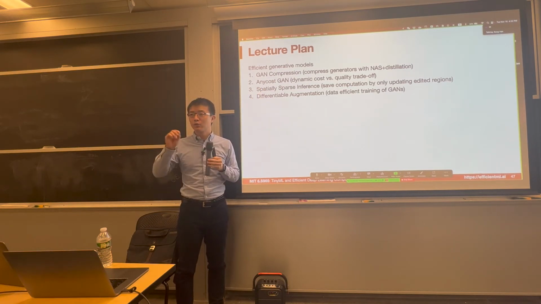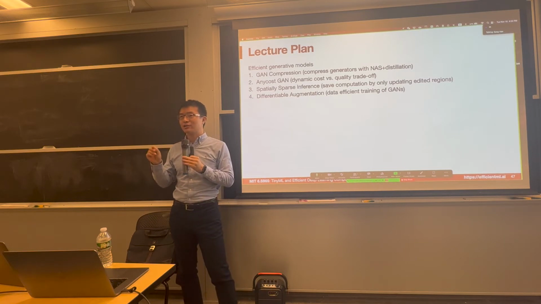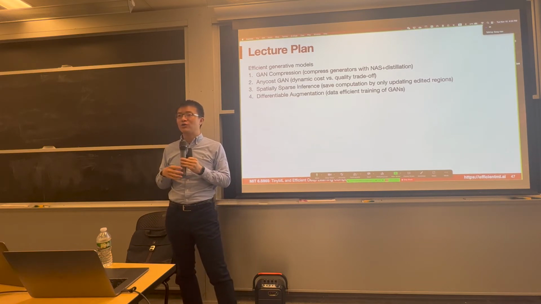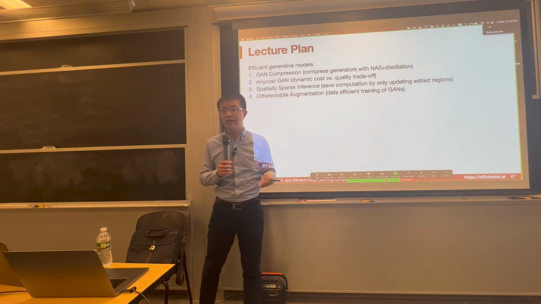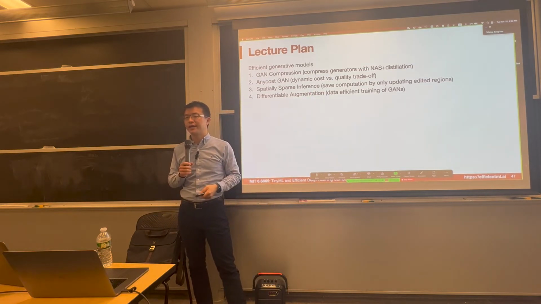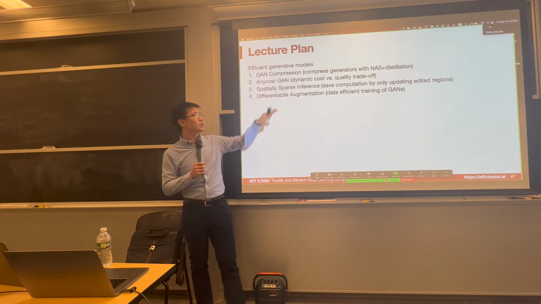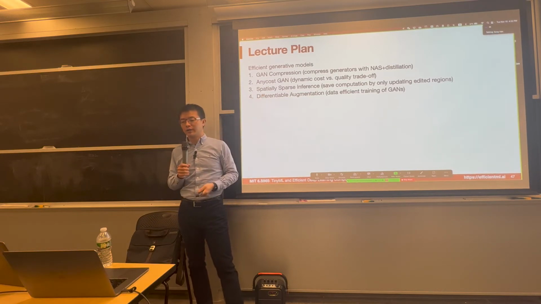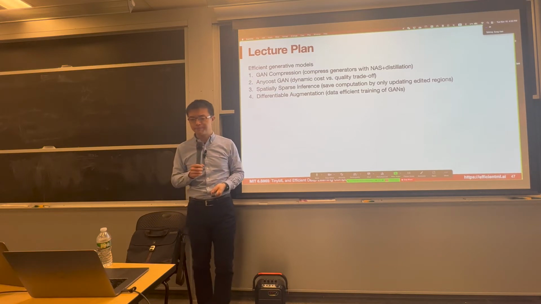When you are doing the rough sketch, we can have a very fast real-time rendering, versus when we are finalizing our drawing, we can offer a high quality but slower generator. So given any cost, we can have a very smooth trade-off between the latency and quality.